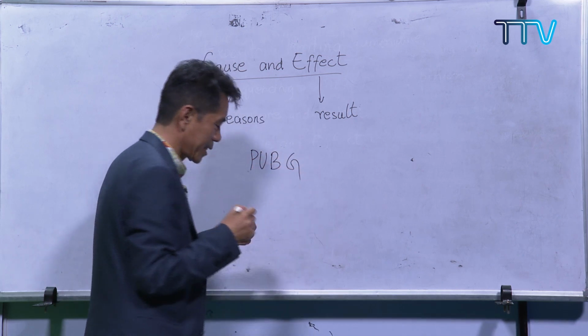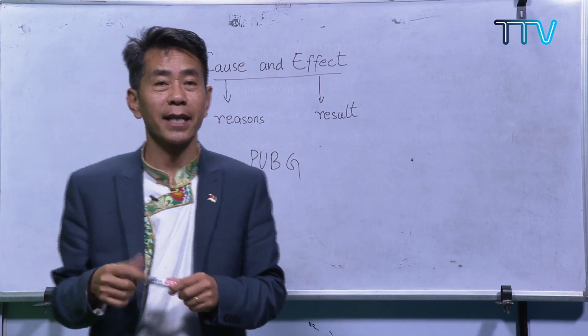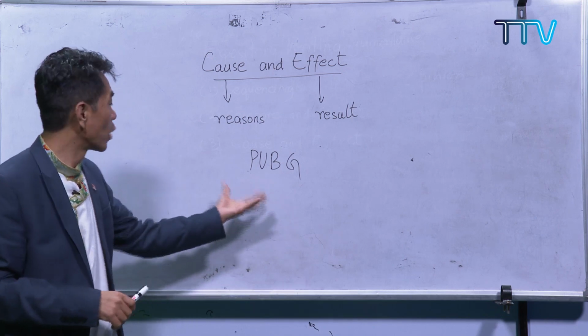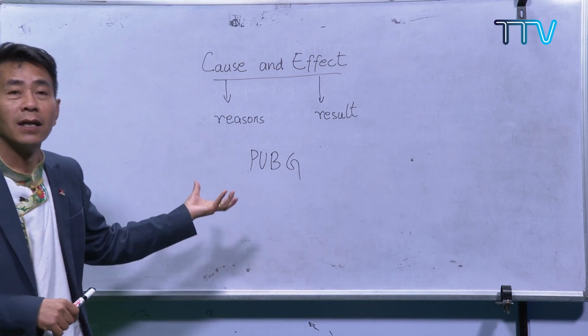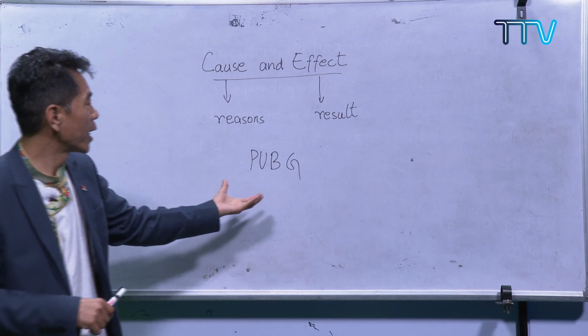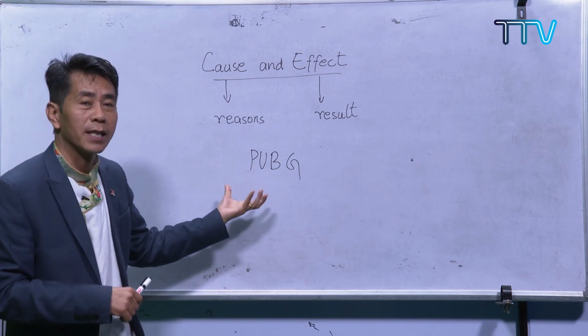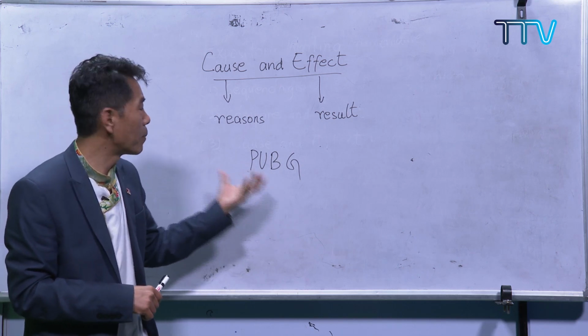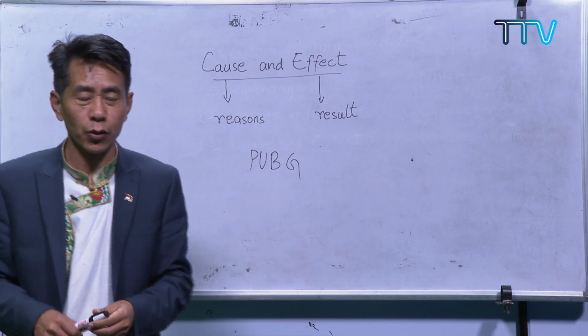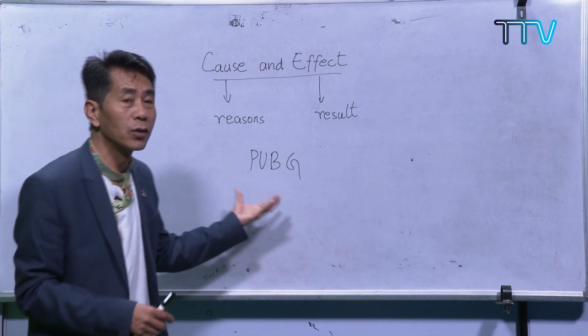Let us talk about, for example, PUBG. Yesterday, Getanjula was talking a lot about PUBG. In fact, she based her opinion writing on this, the most talked about topic everywhere. The parents are also worried about this.